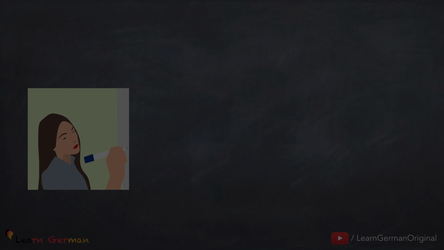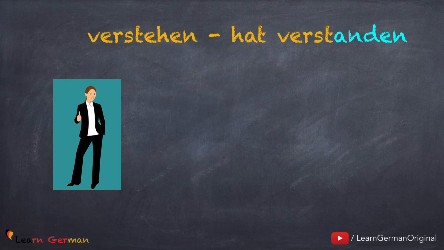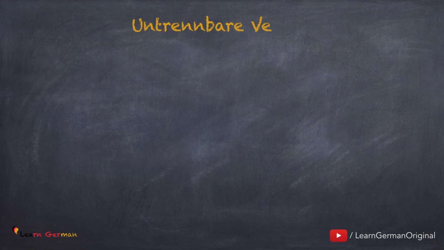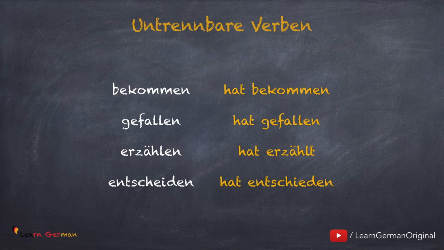The next verb is verstehen, hat verstanden. Stehen is an irregular verb. Hence, verstanden. Ich habe heute alles verstanden. Here are a few other untrennbare Verben which you should know. Bekommen, hat bekommen.